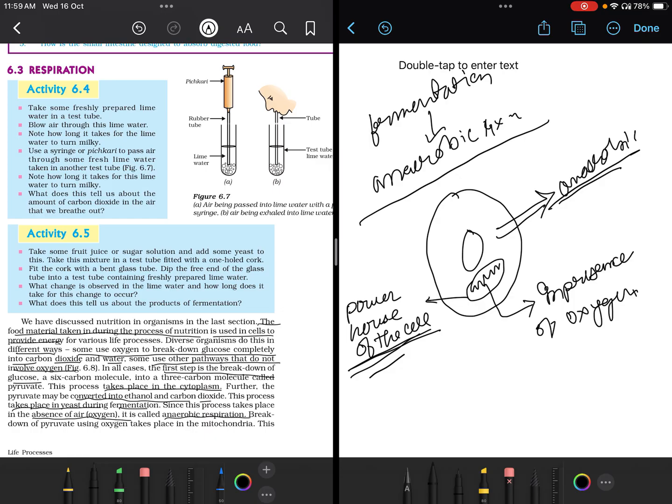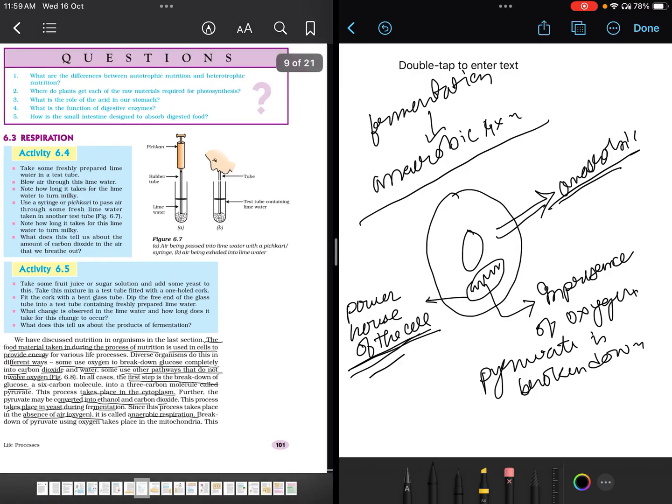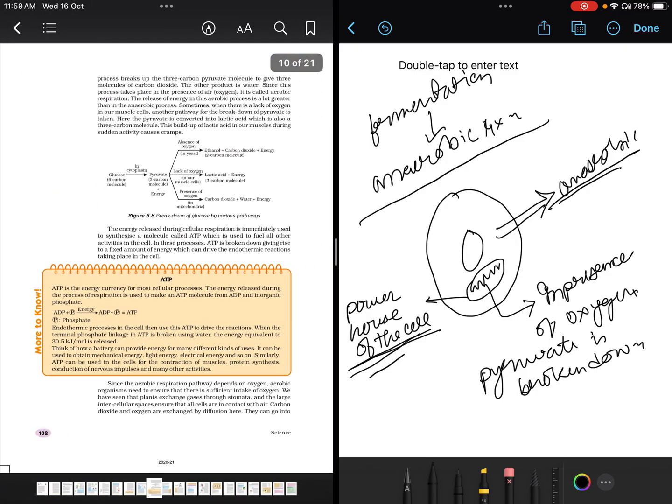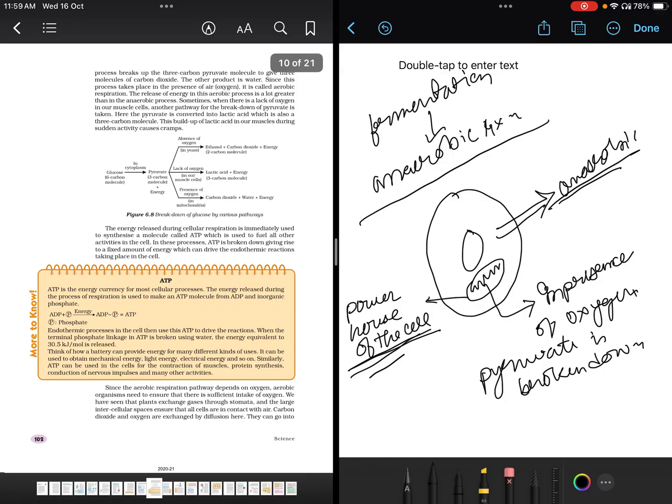Now, in presence of oxygen in mitochondria, pyruvate is broken down. You got this? Pyruvate is broken down in presence of oxygen in mitochondria, and in absence of oxygen, it is broken down in the cytoplasm. Now, this process breaks up the three carbon pyruvate molecule to give three molecules of carbon dioxide.